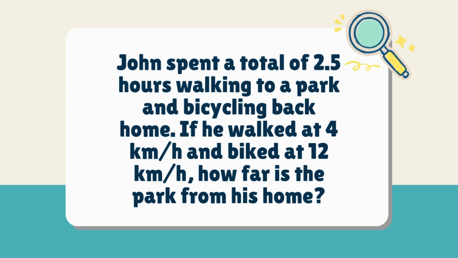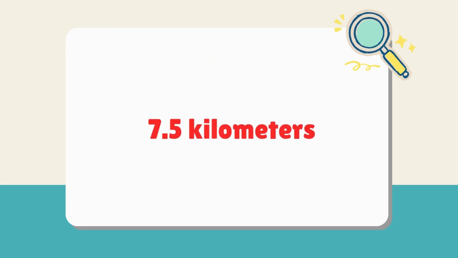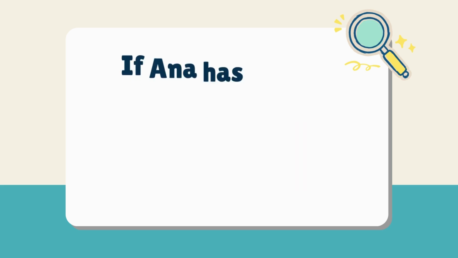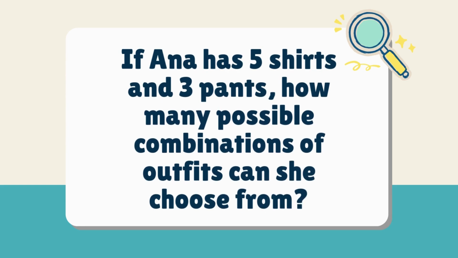Correct answer is 7.5 kilometers. Next question. If Anna has 5 shirts and 3 pants, how many possible combinations of outfits can she choose from?